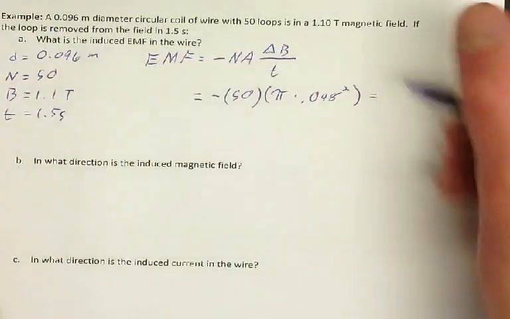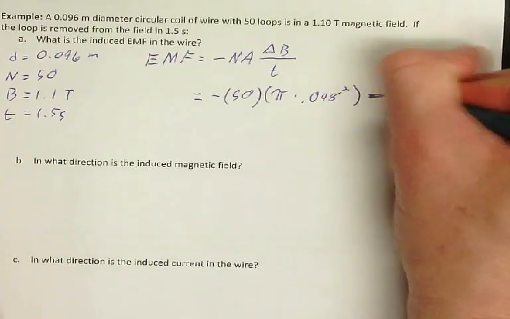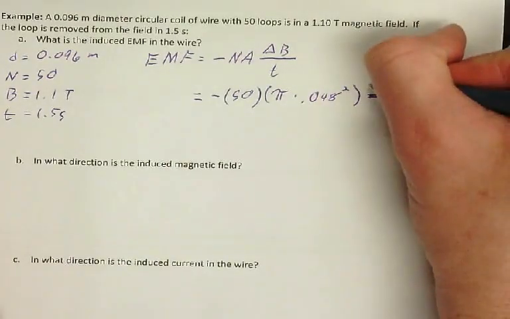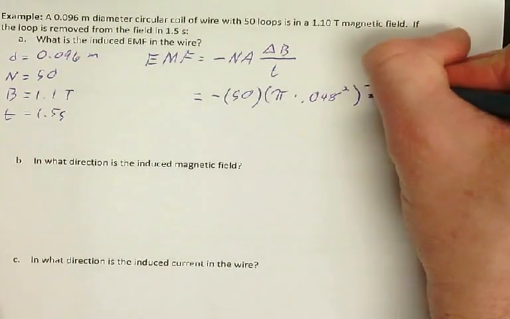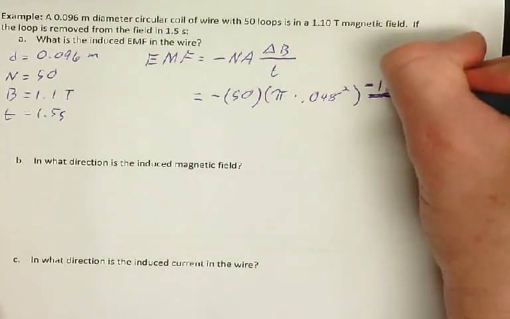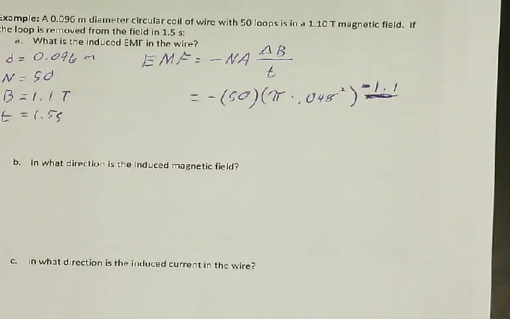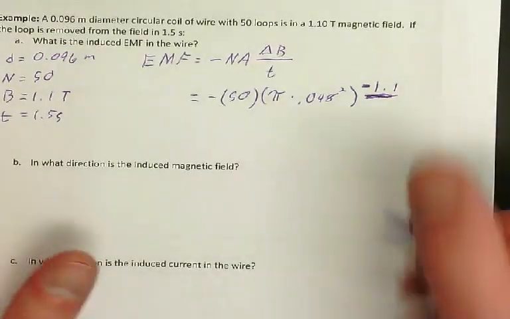So it's going to be a negative delta B, so negative 1.1. Negative is because it's removed, so it goes down. You lose field instead of gaining field. And then the time is 1.5 seconds.